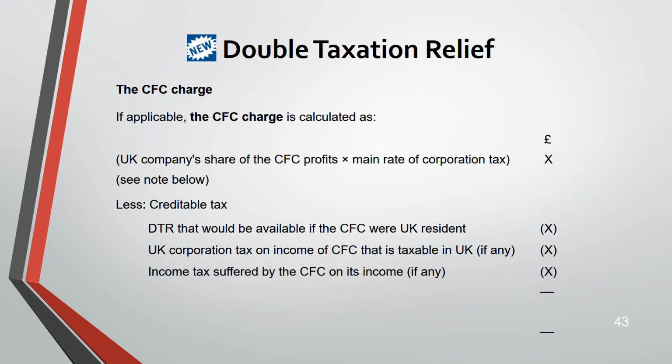Income tax suffered by the CFC on its income, if any. Okay, sometimes there could be none. These are creditable tax. After that, whatever you get, the result is the CFC charge. We'll do questions, don't worry.